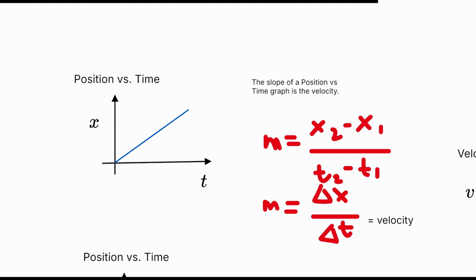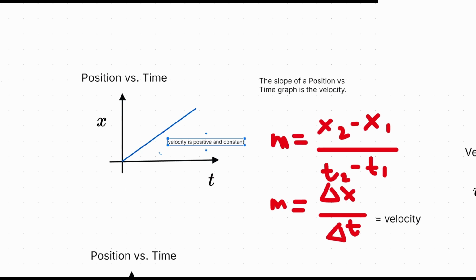Obviously, the slope here is positive and constant, just like what we had earlier. But then again, the slope of a position versus time graph is the velocity. So we can say here that velocity is positive and constant for this case.